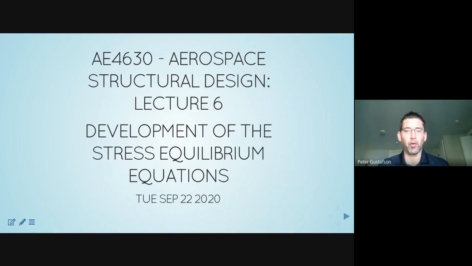Today we're going to look at the stress equilibrium equations. And really what we're looking at in this context now is how stress evolves spatially as load is passed through a structure. We need to understand that. We need to be able to predict it. We're going to eventually recognize that it's a set of coupled differential equations, which in fact are quite difficult to solve much of the time.